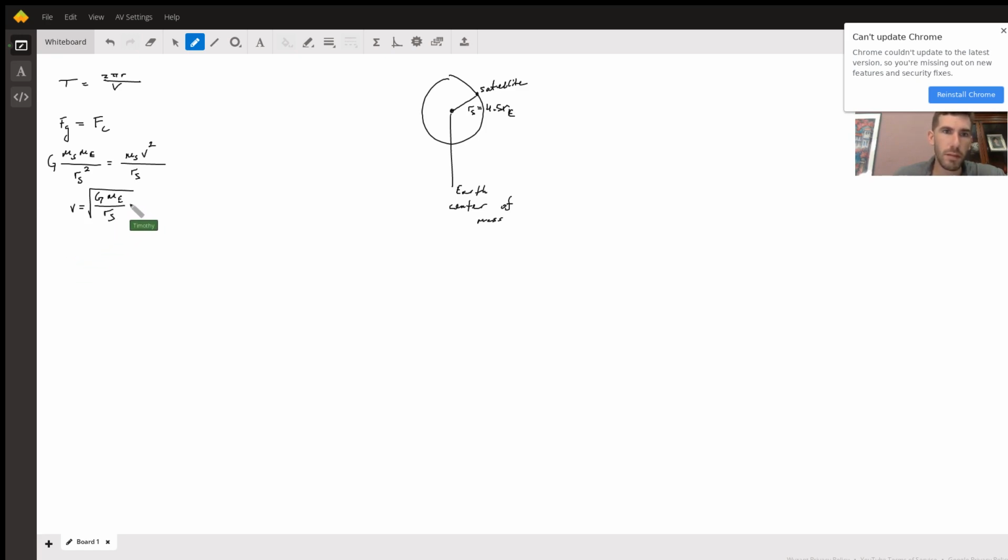And if we go ahead and plug this into here, what we're going to get is the period of the satellite is going to be 2 pi times the radius of the satellite divided by root GME over the radius of the satellite. And what this turns out to is 2 pi times the radius of the satellite to the 3/2 over root GME.